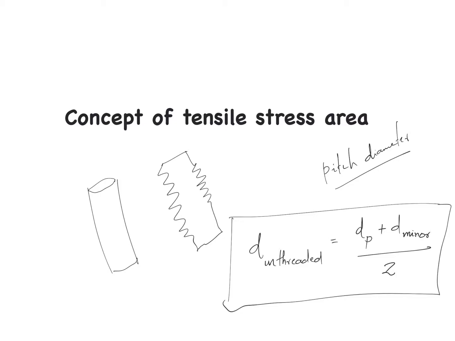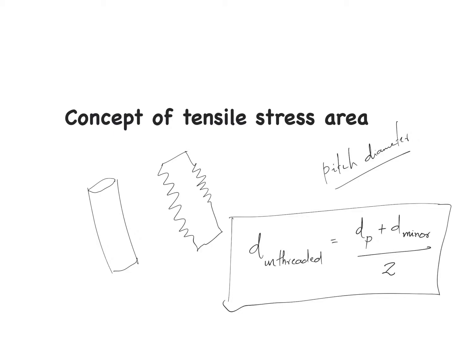You can't expect the thread form to behave as an unthreaded rod having a diameter equal to your nominal diameter, because in a threaded form you don't have material over here. Make sense? So it is well below your nominal diameter, but it is above your minor diameter, because there is some more material protruding from the diameter corresponding to the minor diameter.